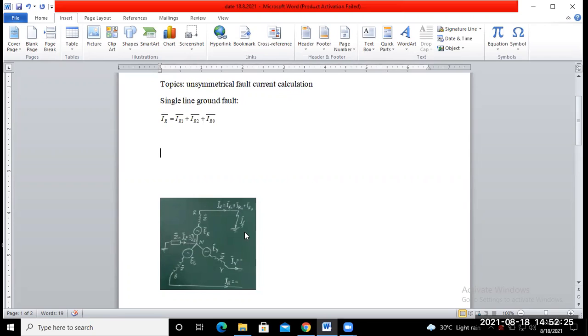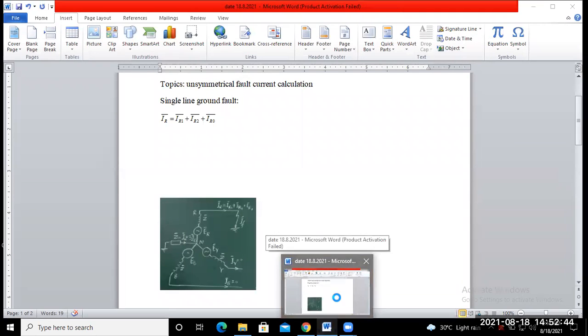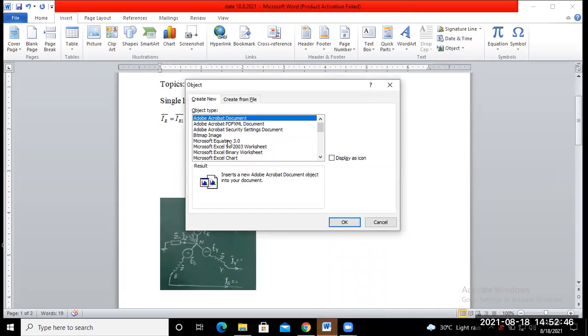All the respective EMFs induced in R, Y, B are shown here. The EMF induced in phase R is represented by ER.